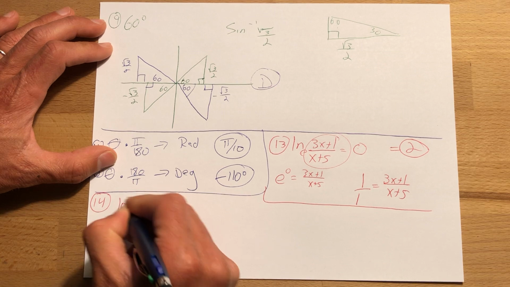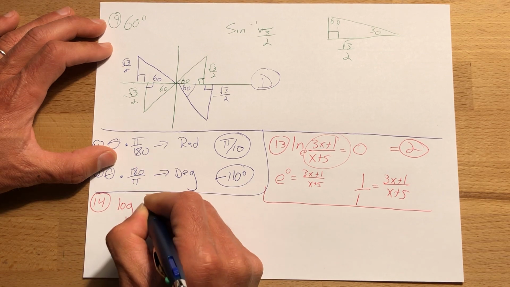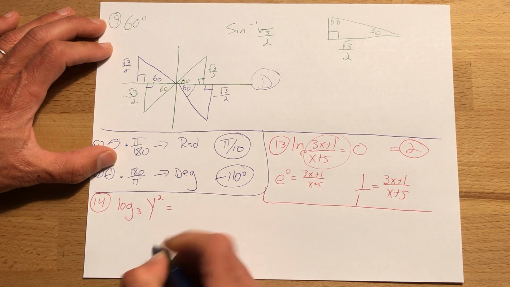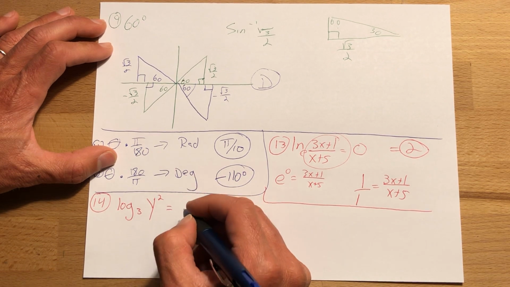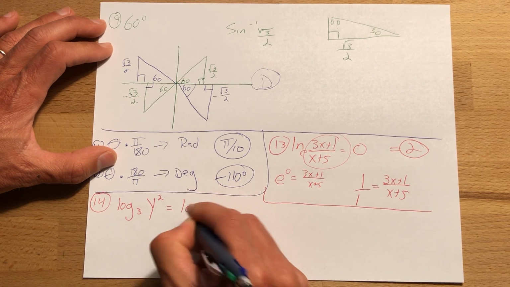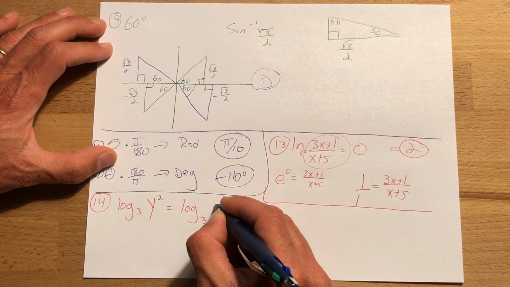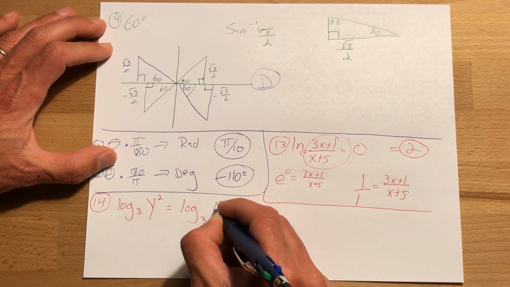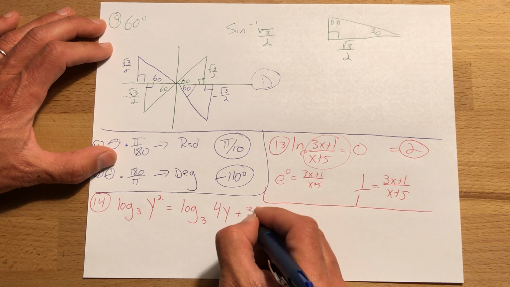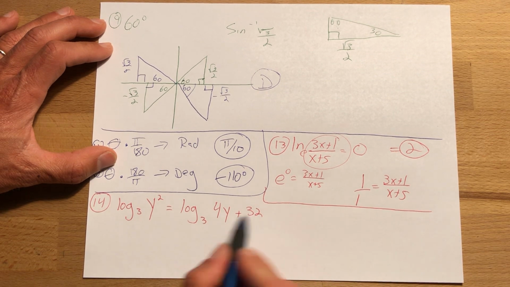Let's do log base 3 of y squared equals, remember when you add with the same bases, you multiply. So it's going to be log base 3 of 4y plus 32, because I multiplied 4 times y plus 8.